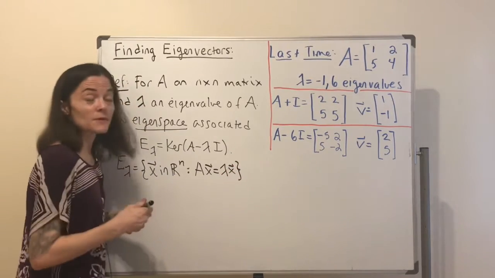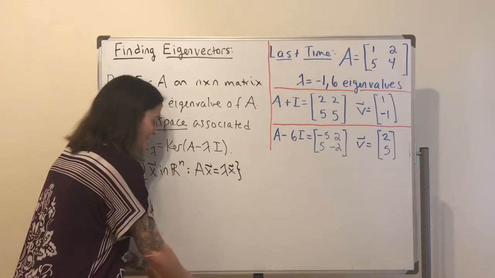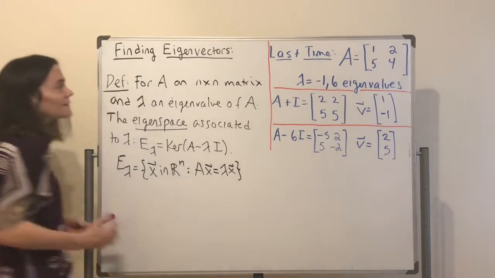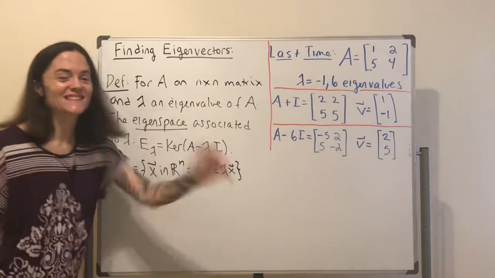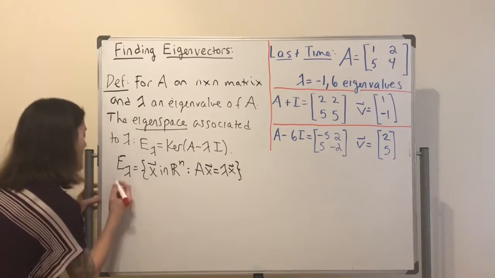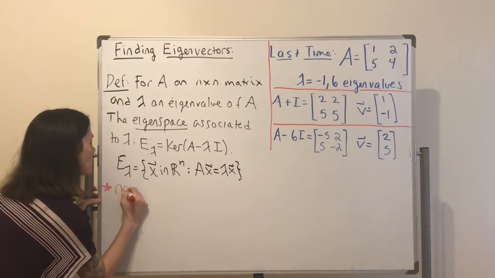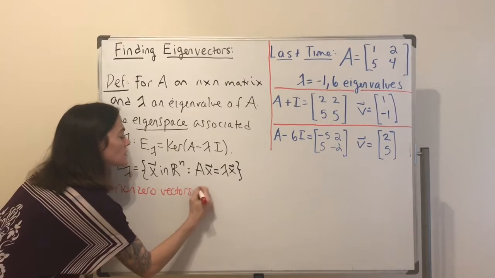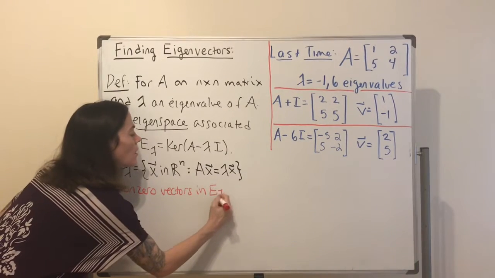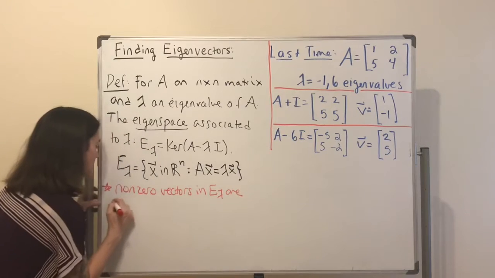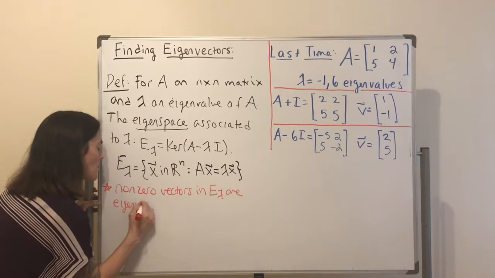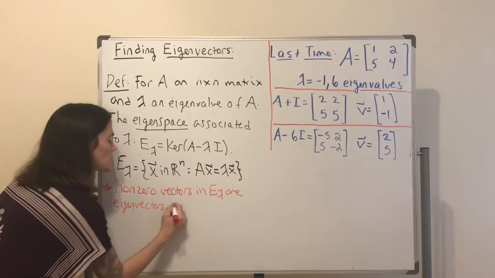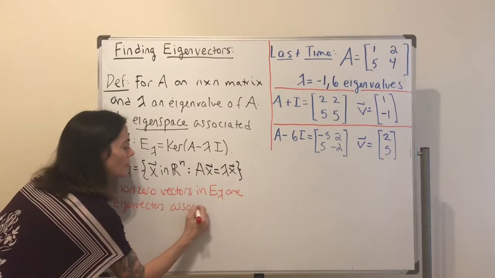And the most important observation to start off with today on our Finding Eigenvectors Day is that non-zero vectors in E lambda are precisely the eigenvectors associated to this eigenvalue.